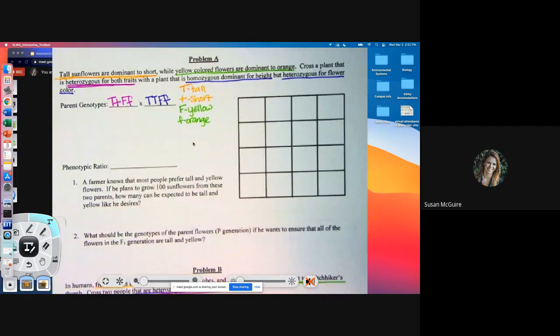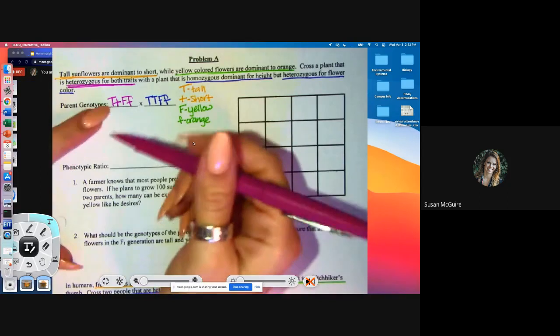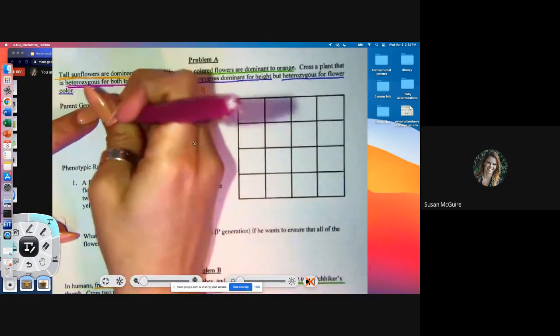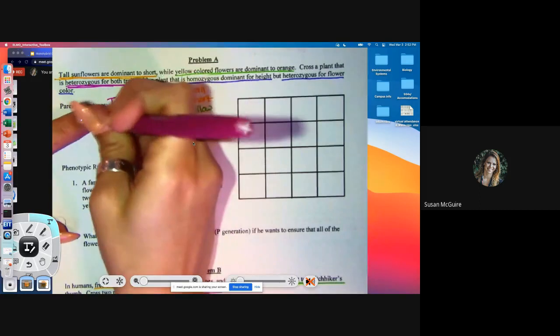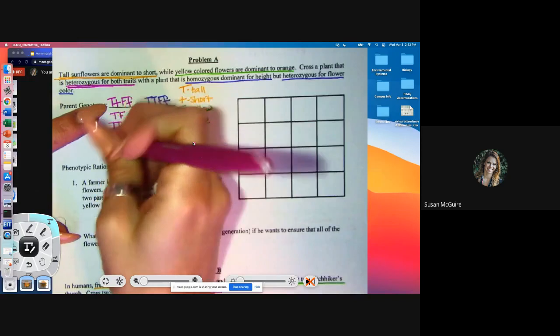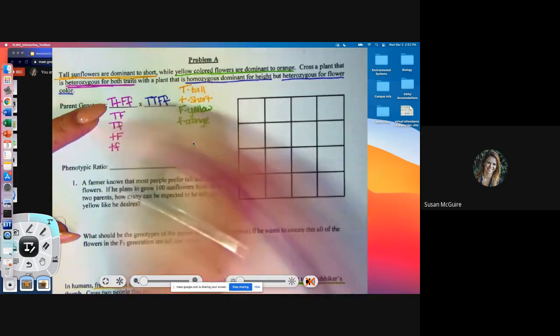What are our possible combinations for parent 1? Capital T capital F, capital T lowercase f, lowercase t uppercase F, and lowercase t lowercase f.